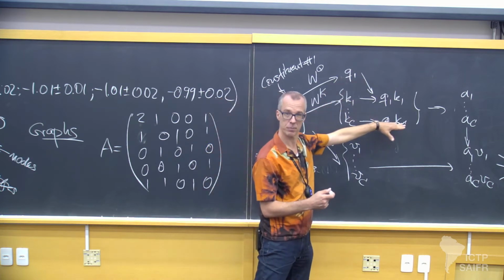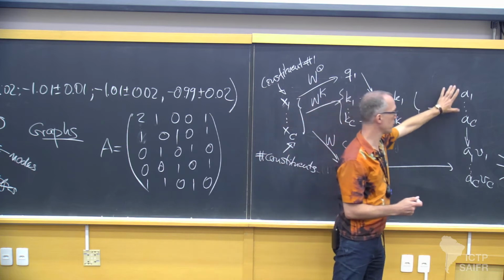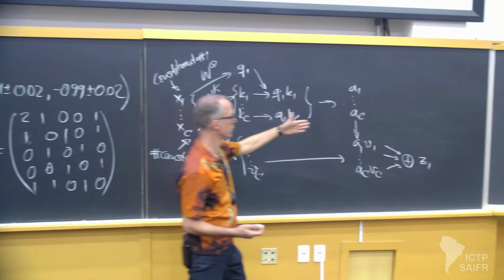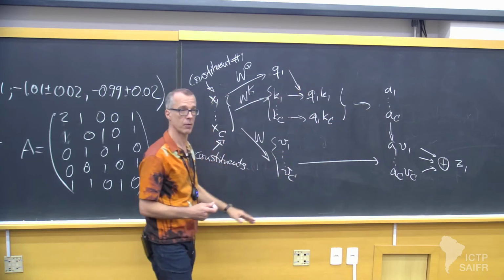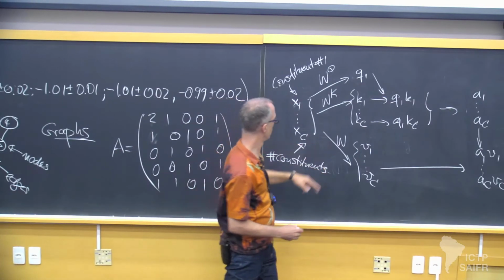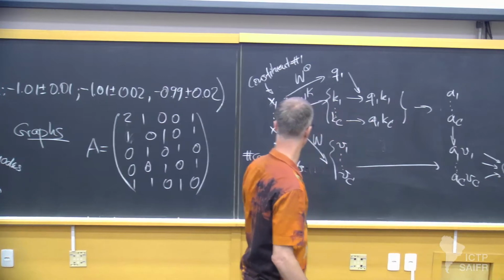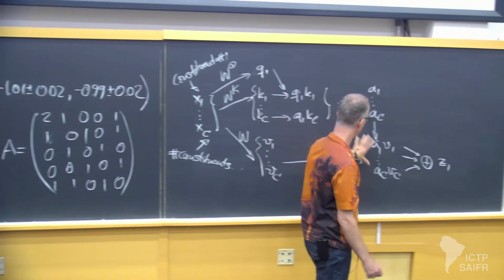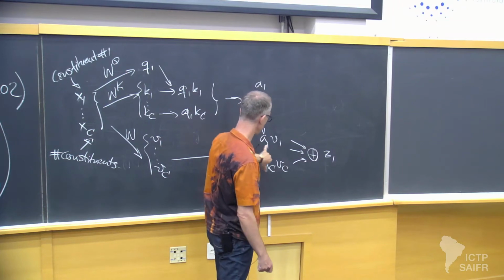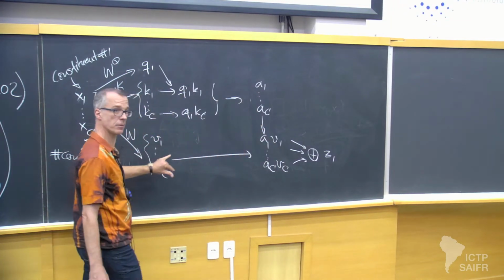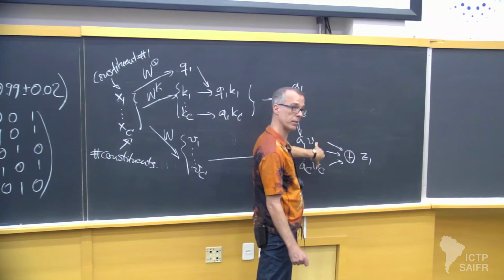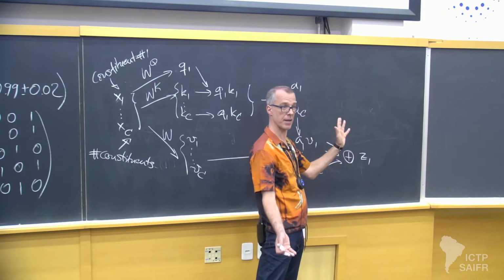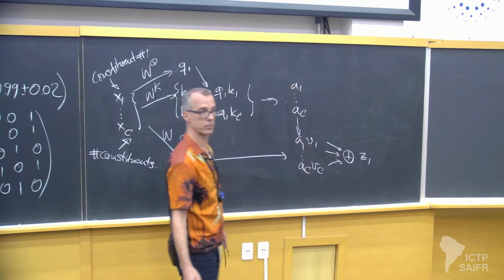You project, right? So you get these scalars, these are just new coordinates relative to q1, right? Now, you're doing another matrix transformation from x to v. You're combining these coordinates here with these new basis vectors, right? You add them up, take the length of that vector, that's your output.